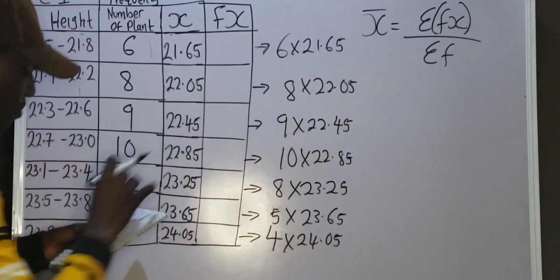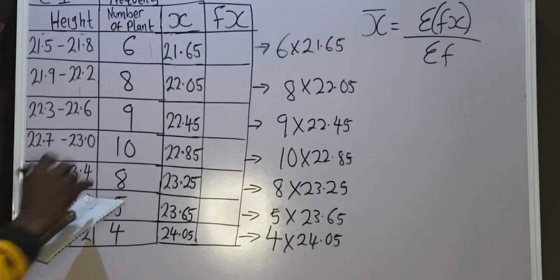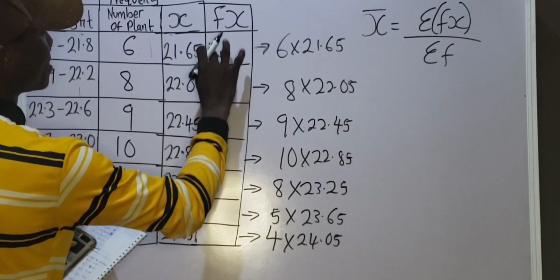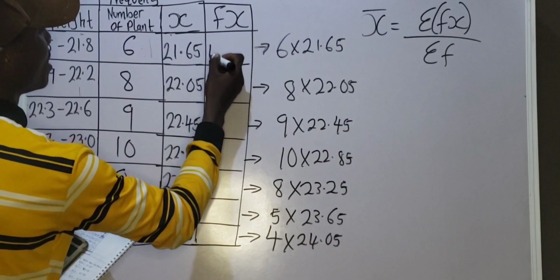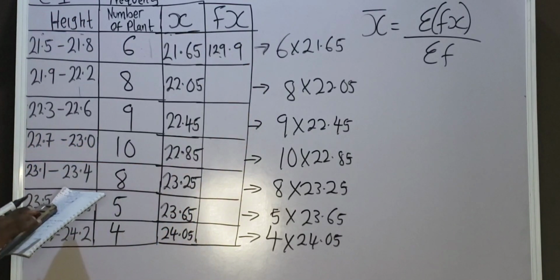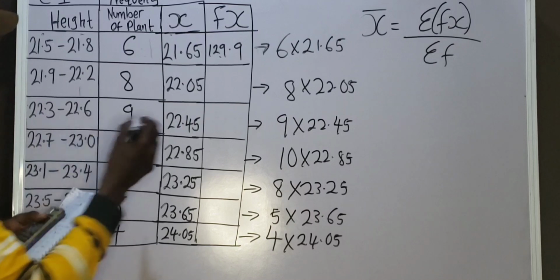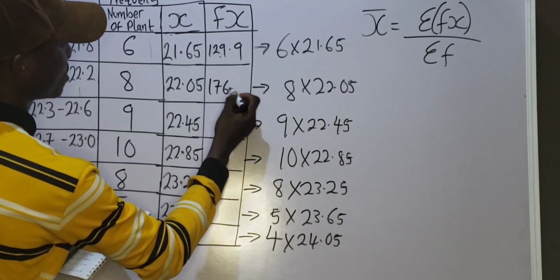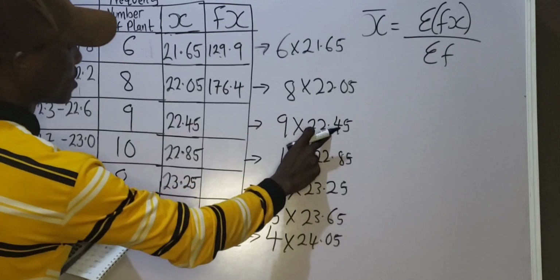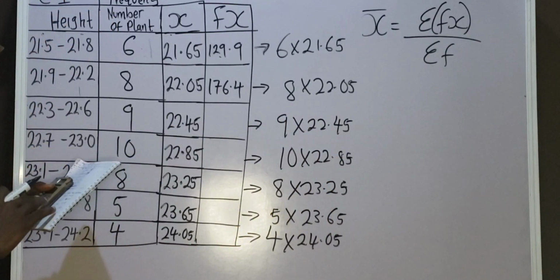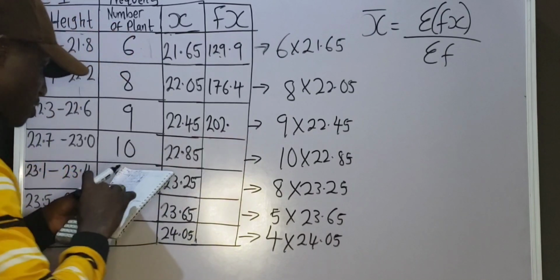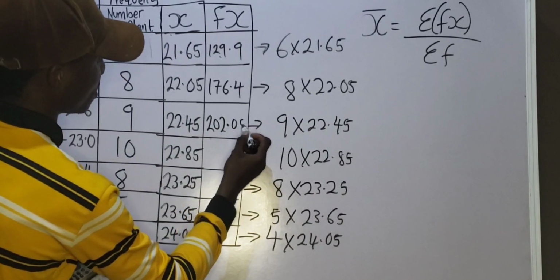Okay, so let's start from the first cell. 6 multiplied by 21.65 is 129.9. Don't mind my writing, just pay attention. For the next, 8 multiplied by 22.05 is 176.4. Then 9 multiplied by 22.45 is 202.05.